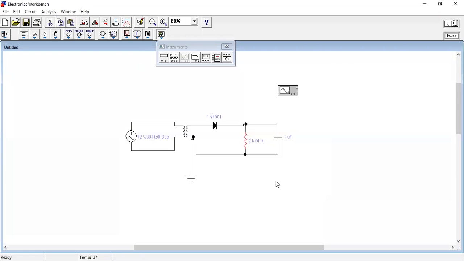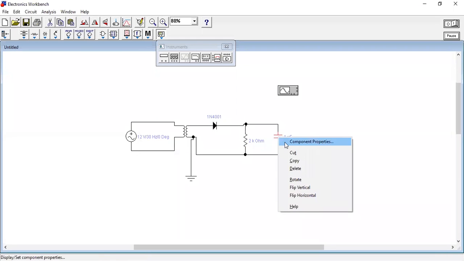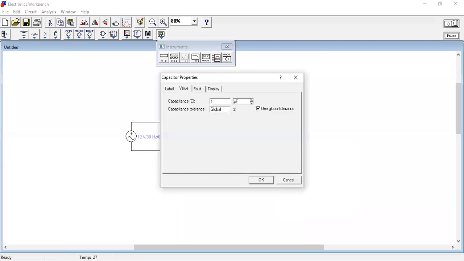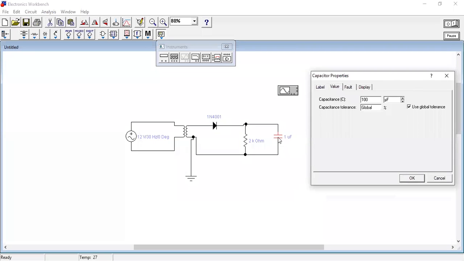Okay, for the input, so we can find the input waveform, connect the CRO to this source. Because we first want to take the input waveform.